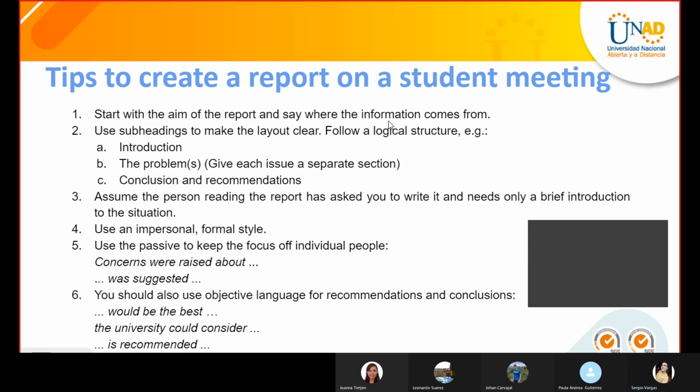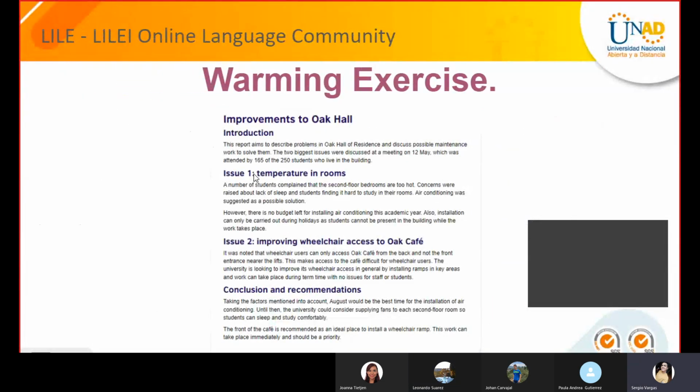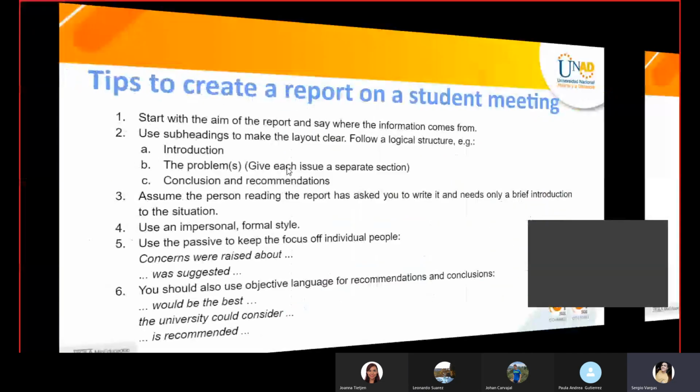So, for this example, you're going to read this report about the improvements to alcohol. And you're going to tell me in the chat or through your microphone if this report fulfills these tips.